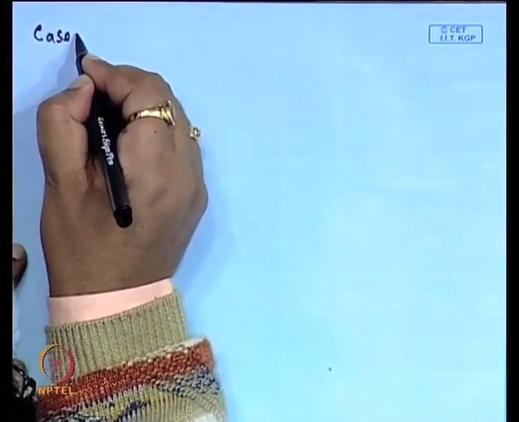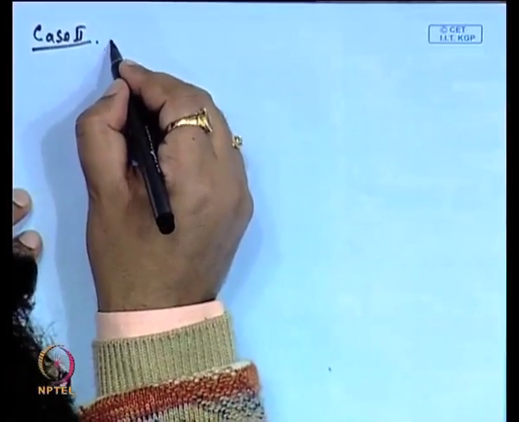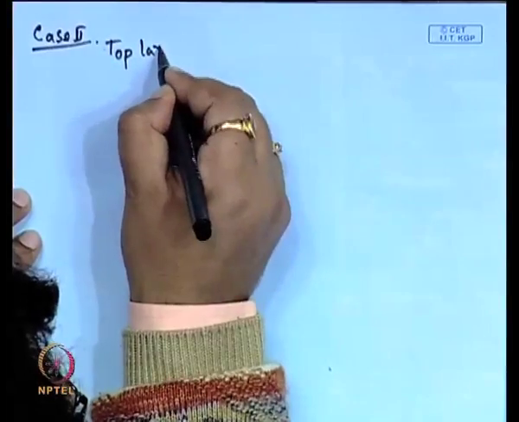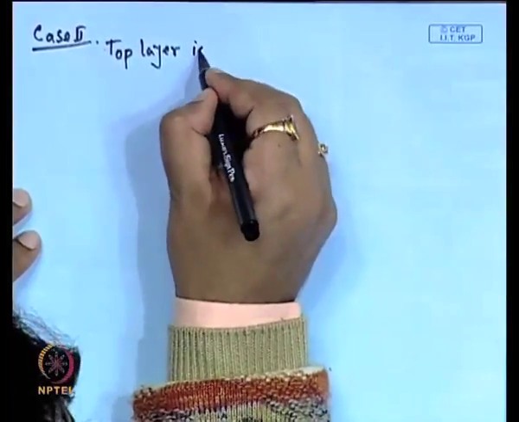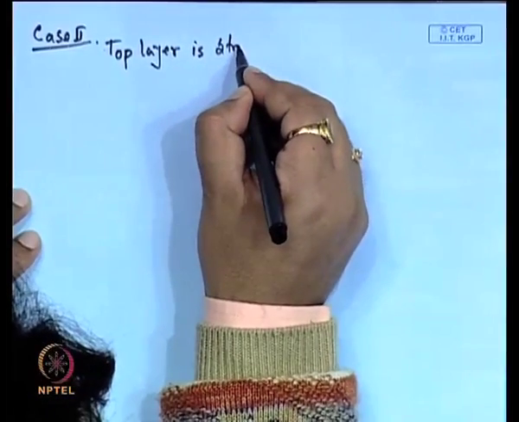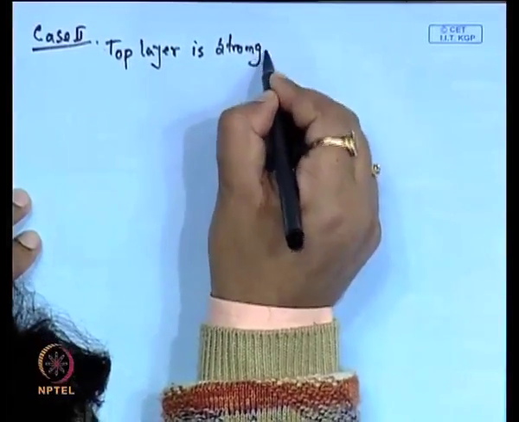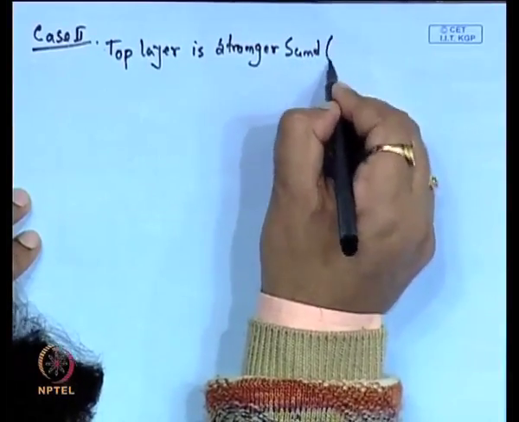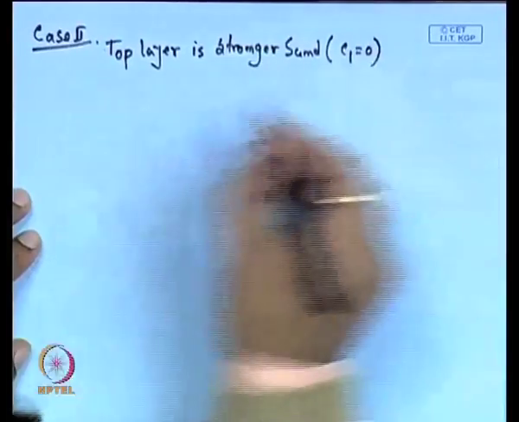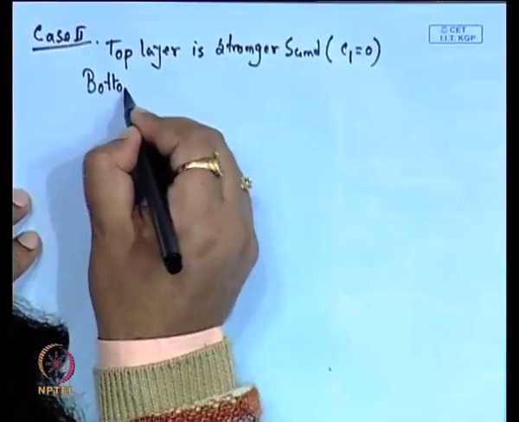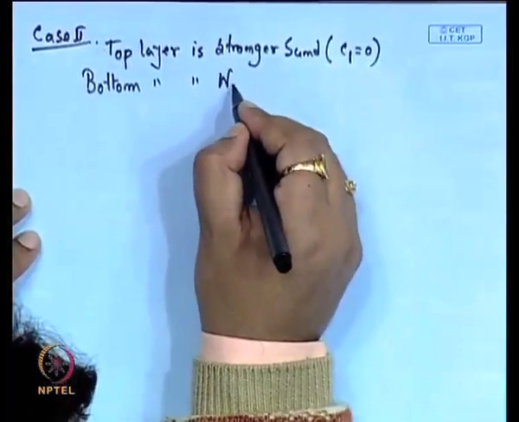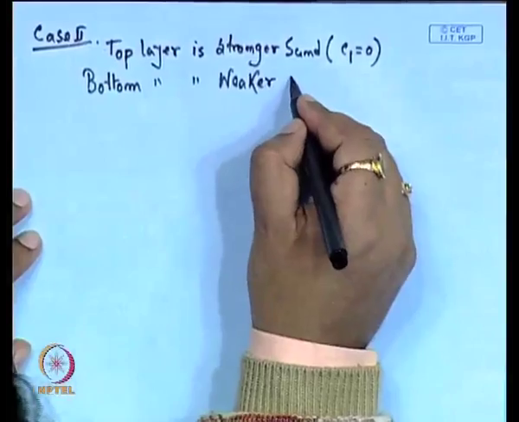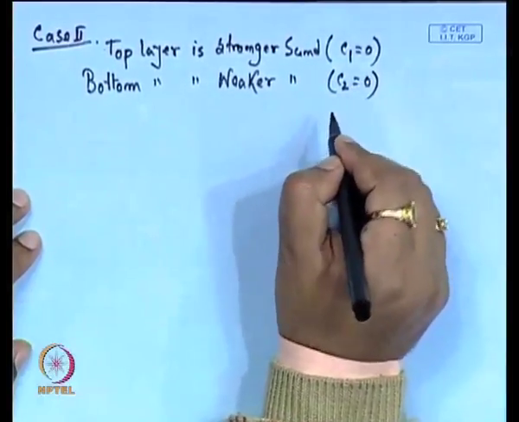Now, the next case, or case 2: the top layer is stronger sand, that means C1 is equal to 0, and the bottom layer is weaker sand, and here C2 again is 0.